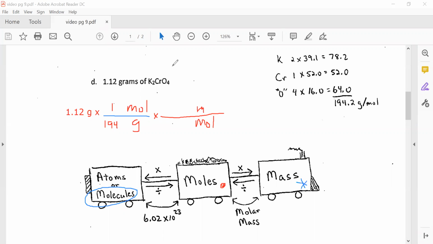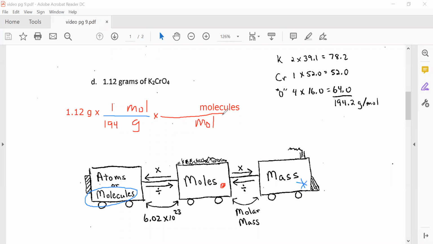It's going to take a while to write, so I might just type that in. Technically, it's a formula unit because it's an ionic compound, but molecules is mine.